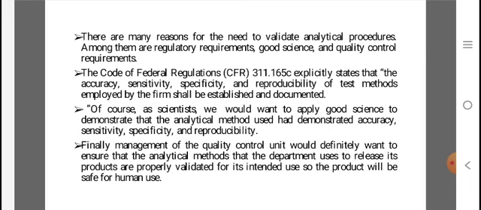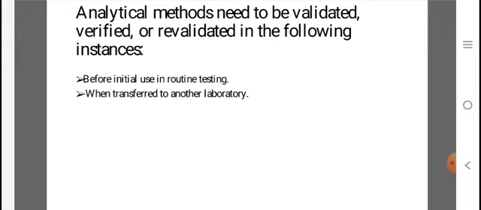Of course, as scientists, we want to apply good science to demonstrate that the analytical method used has demonstrated accuracy, sensitivity, specificity and reproducibility. Finally, management of the quality control unit would definitely want to ensure that the analytical methods the department uses to release its products are properly validated for their intended use, so the product will be safe for human use.